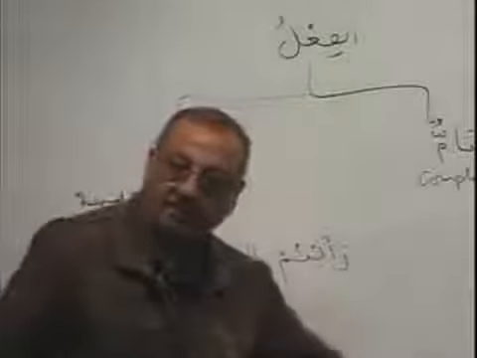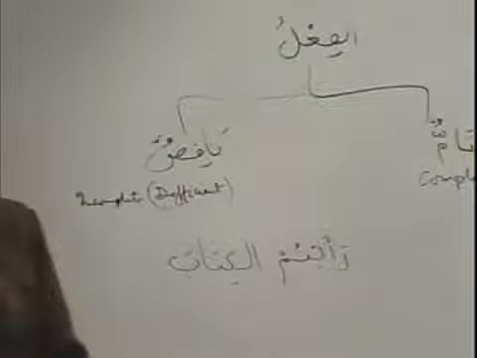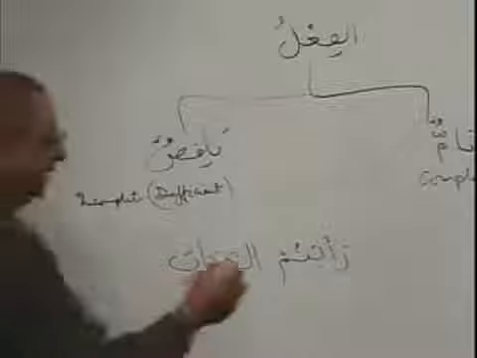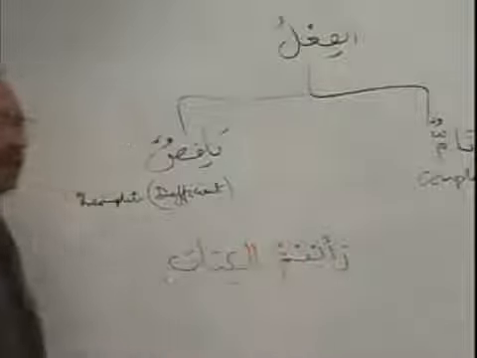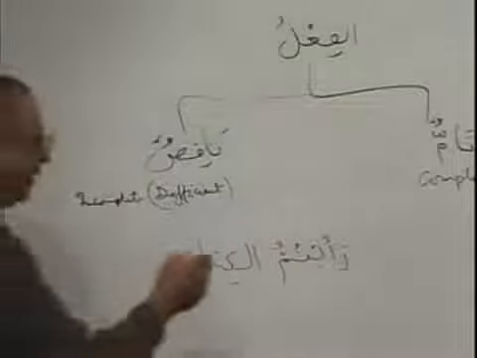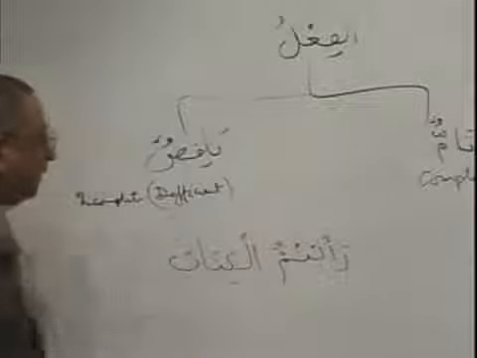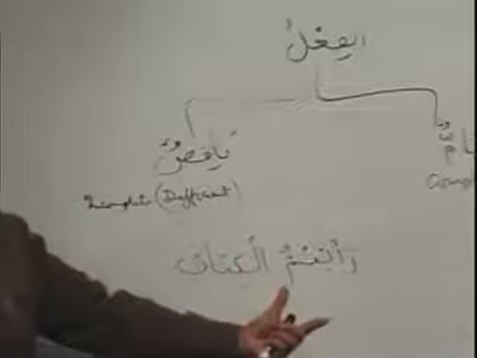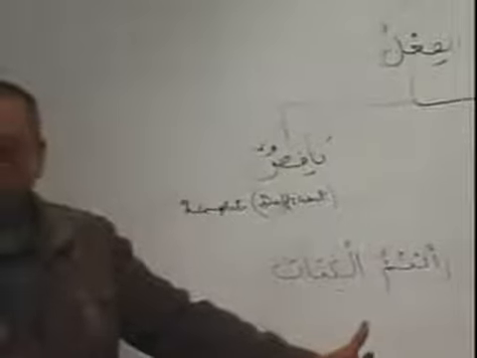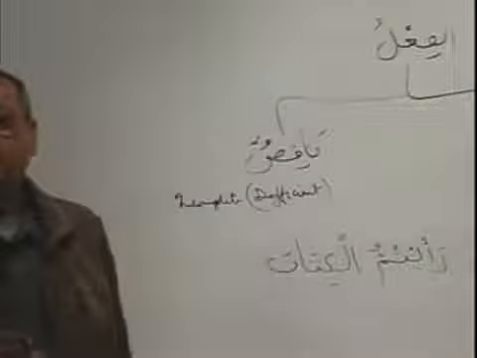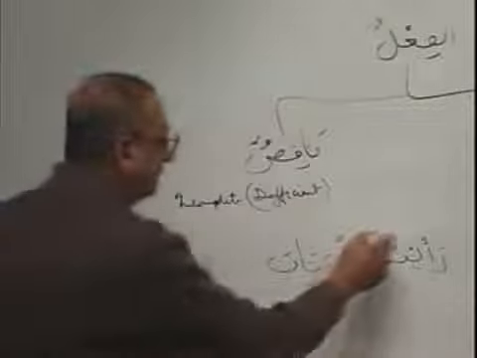Ara'aytum al-kitaba. Now I want to join them. So what will I say? Ara'aytumul kitaba. Because there is a sukoon here. So when you have ra'aytum with a noun with al, then you will only give dhamma.